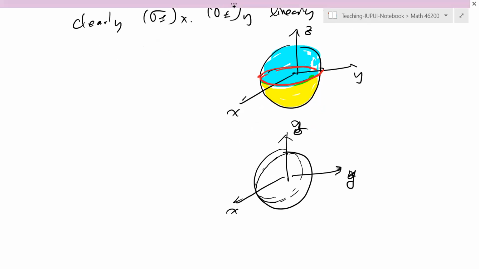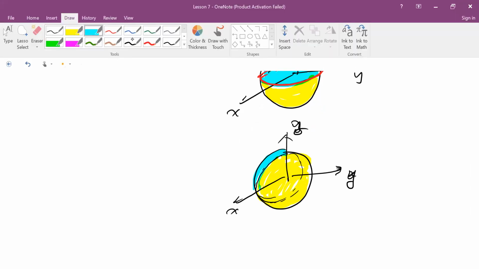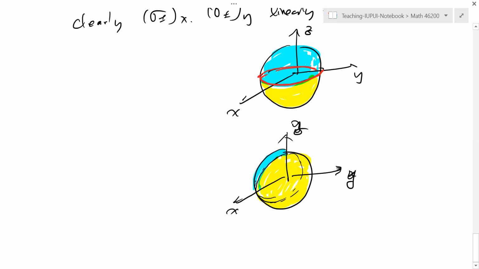If you use the xz plane, you get this side in yellow color, and the one on the other side will be this. Then at least the points along this are guaranteed covered, because from above you cannot cover the points on the equator.